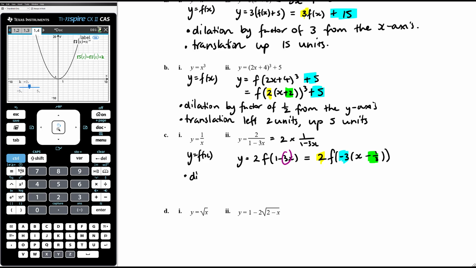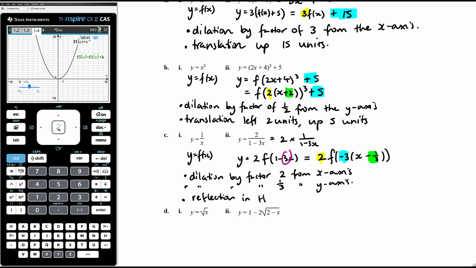So we've got dilation by factor 2 from the x-axis. We've then got dilation by a factor of 1/3 from the y-axis. We have also a reflection in the y-axis.